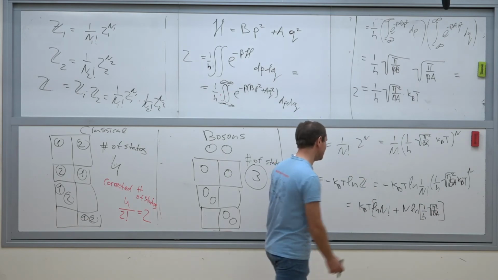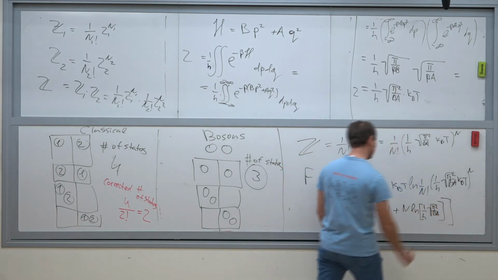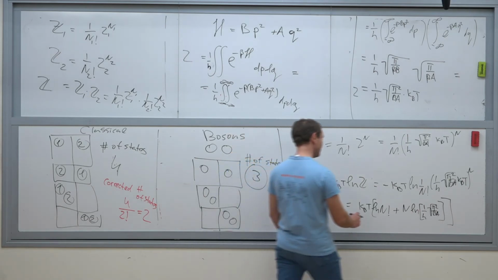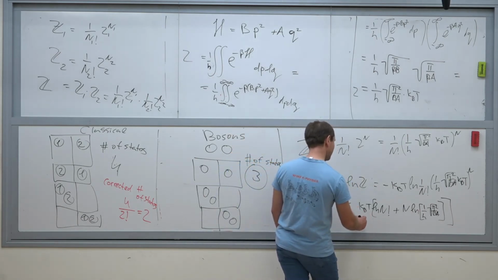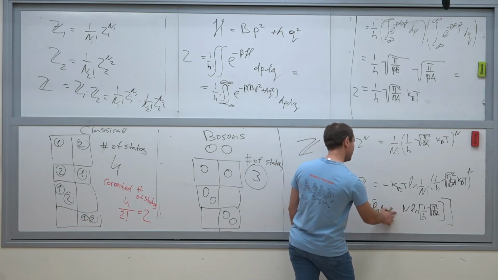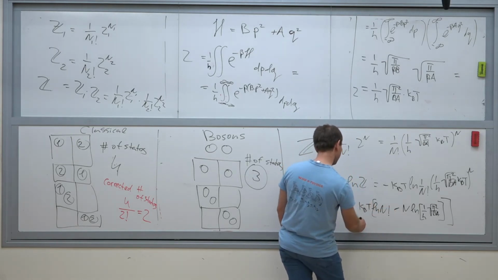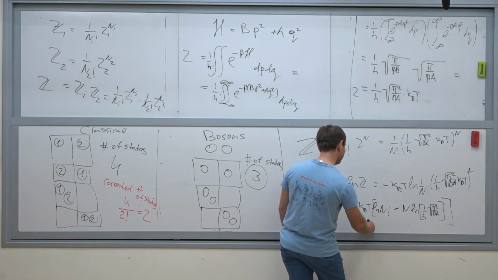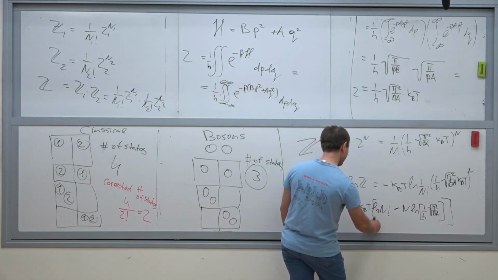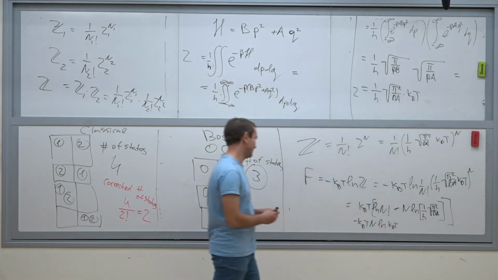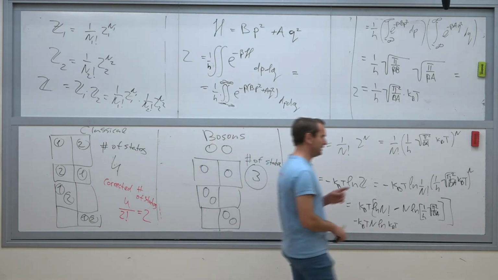Okay, all of this multiplied by k Boltzmann T. And in addition to this, I have minus k Boltzmann T, n and a log of k Boltzmann T. So this is my free energy.